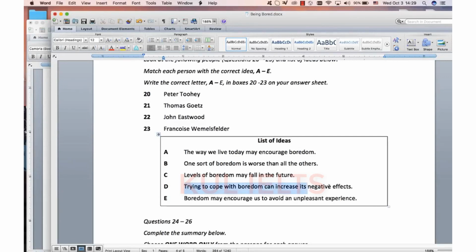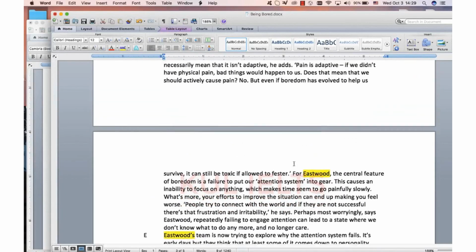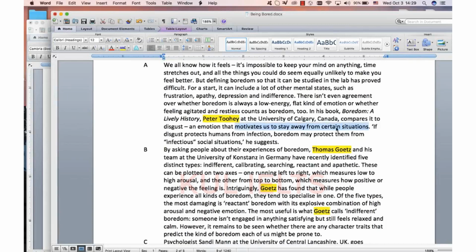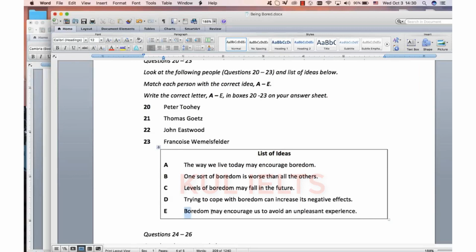No. No. Yes. Boredom may encourage us to avoid an unpleasant experience. Motivates us to stay away from certain situations. Avoid, stay away, unpleasant experience, infectious social situations. Right. They didn't say you can use a letter more than once, so we can delete this once we've used it. So Tuhi is E.